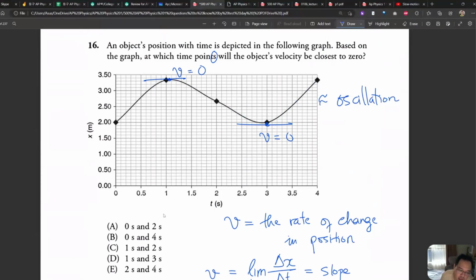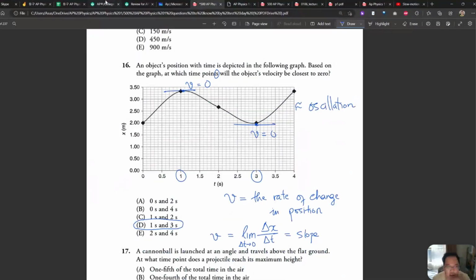It means that it's a little bit greater than 1, but the closest value in the answer is 1 second and 3 seconds. So the answer is 1 and 3 here. The slope of the displacement graph, the position graph, is the velocity.